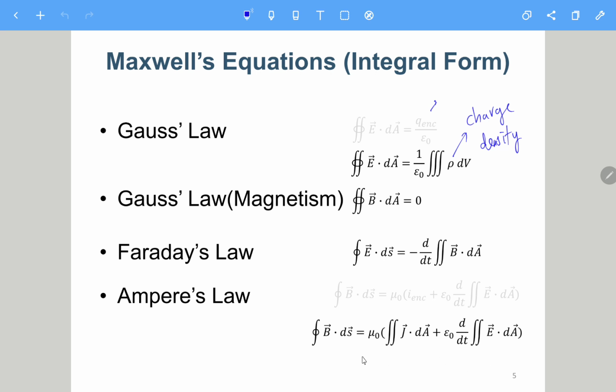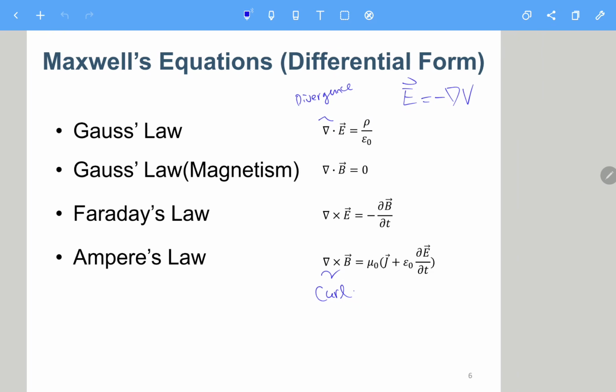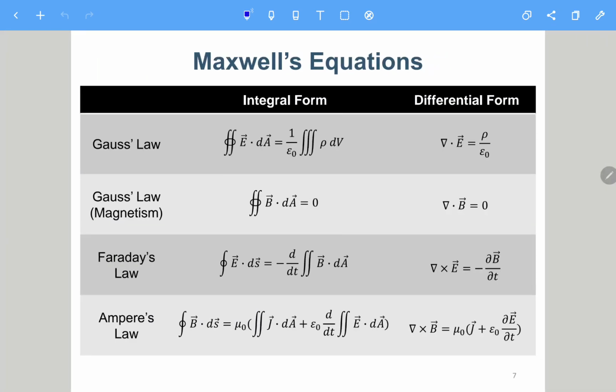So this term and this term really appear in here and here. Okay, and then we can try to see how we can come up with this differential form of the Maxwell equations.